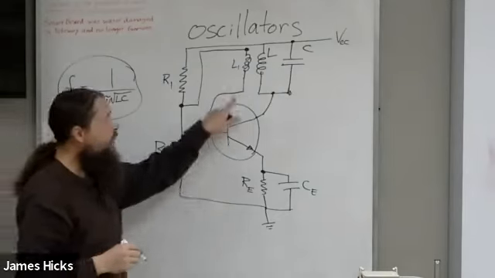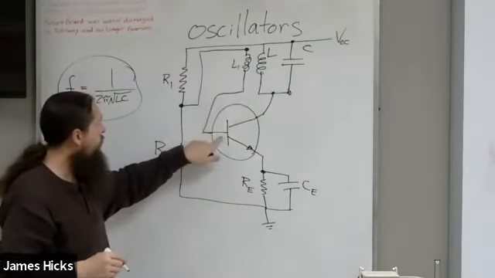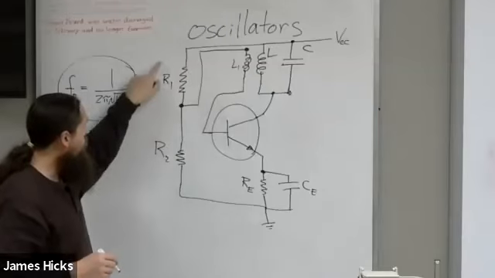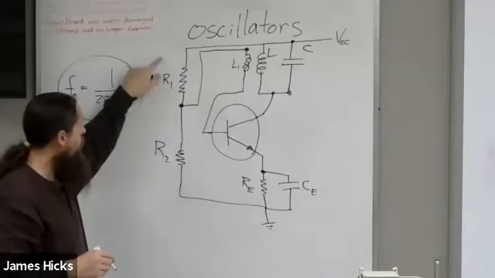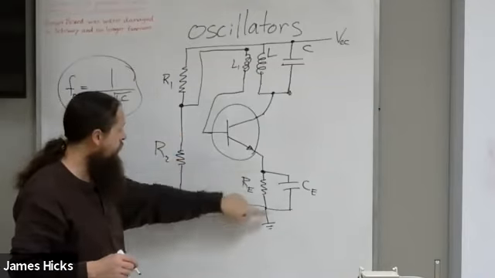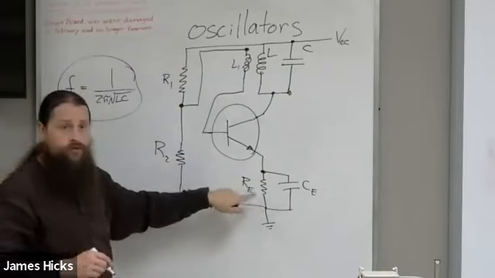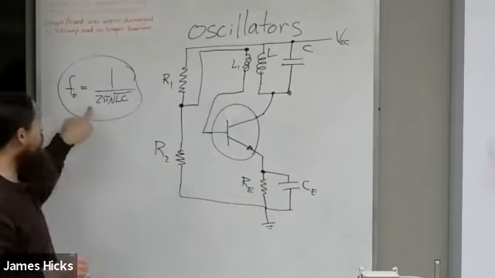So this gives me positive feedback at the same frequency, in phase, at the base, and I still maintain my regular phase biasing. This would oscillate at this frequency.